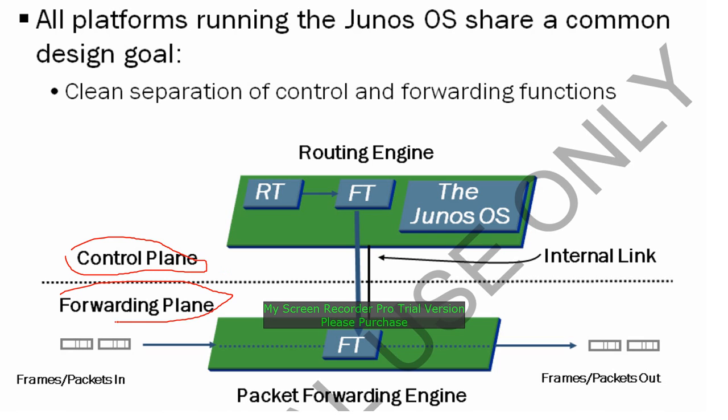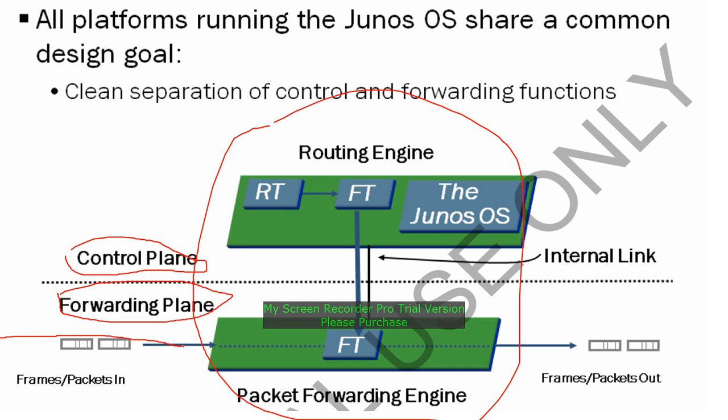There is a logical separation of control plane and forwarding plane. Whenever a packet comes on an interface, all interfaces belong to the forwarding plane. Suppose we talk about ge-0/0/0: if any packet is coming here and its destination is the next device or internet, then what will happen in Juniper OS?